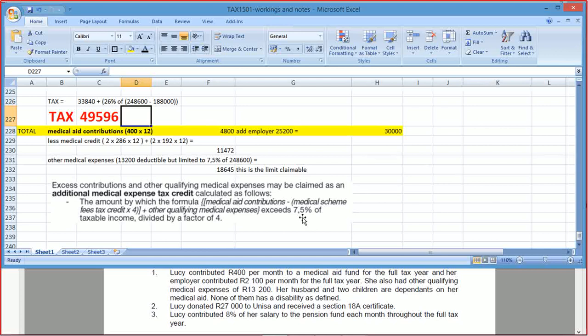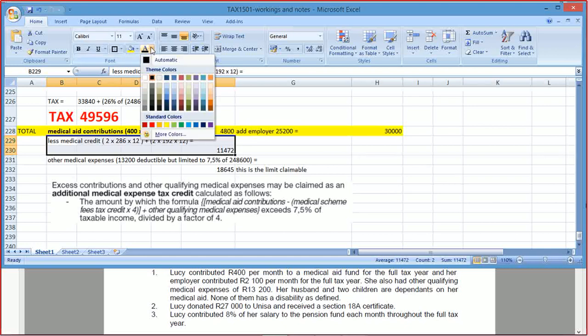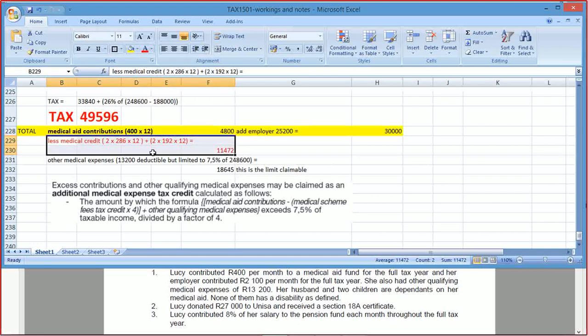Because it must exceed 7.5%. Is it exceeding 7.5%? No, it's not. Right, so would she be able to claim anything additional? No, she wouldn't, because it's limited.